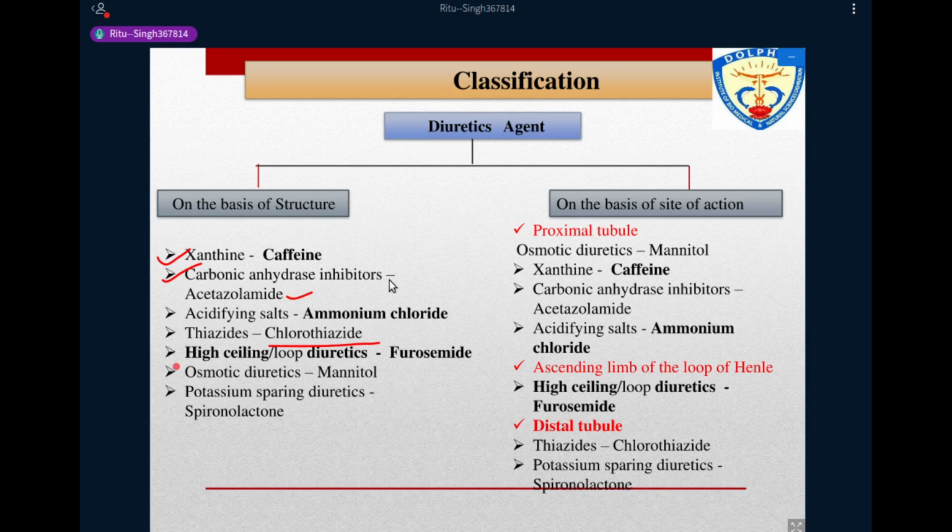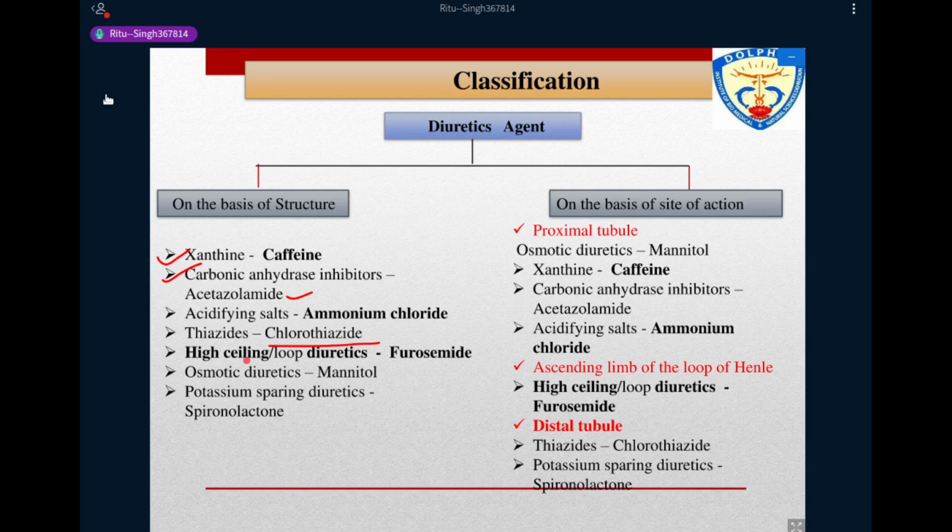The next category of classification is high ceiling, also called loop diuretics. The example of the drug is furosemide. High ceiling compounds have the highest efficacy among the diuretic drugs.